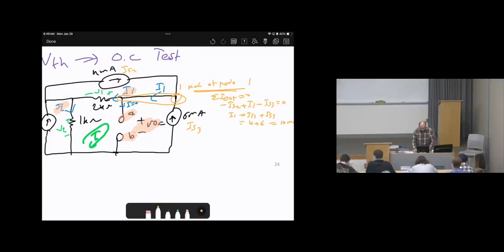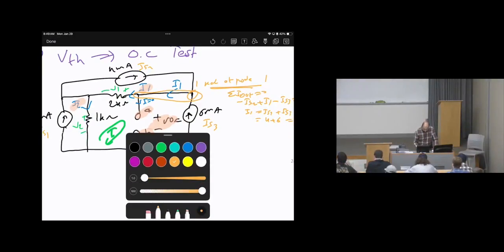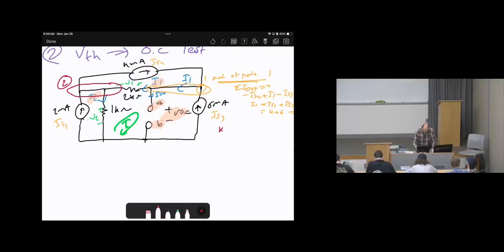The next thing is to calculate I2. So we can calculate I2 by doing KCL at this node. I can call this node 2. So KCL at node 2, the sum of leaving currents equals 0. Therefore, IS1 is entering, negative IS1.